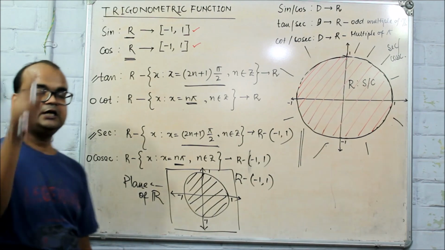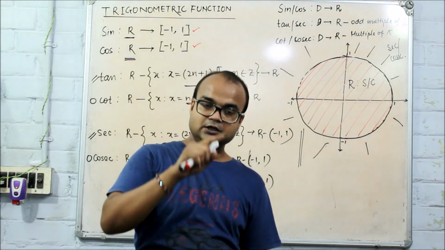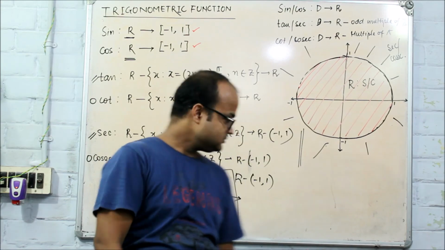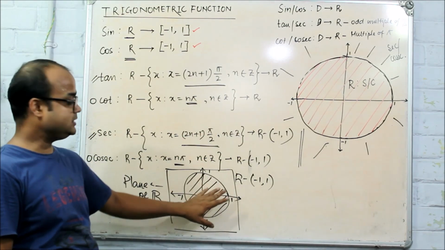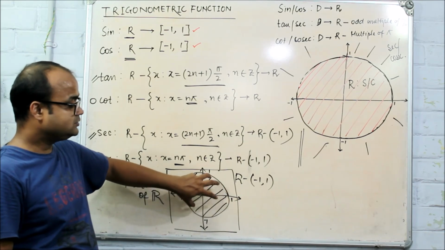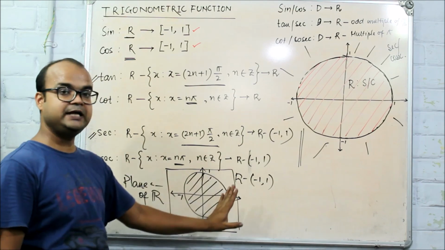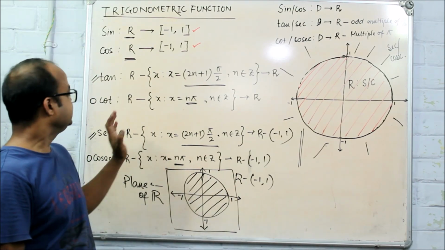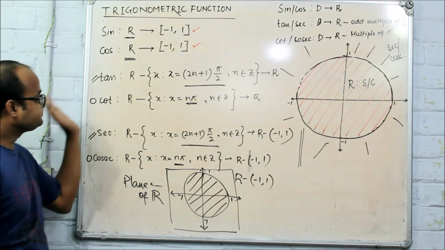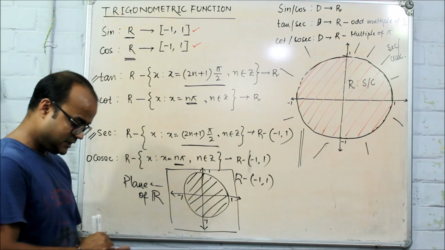Then the unit circle: inside area with boundary is the range of sine and cos. Outside is sec cosec. The entire plane, that is the plane of real numbers, represents the range of tan and cot. Clear?